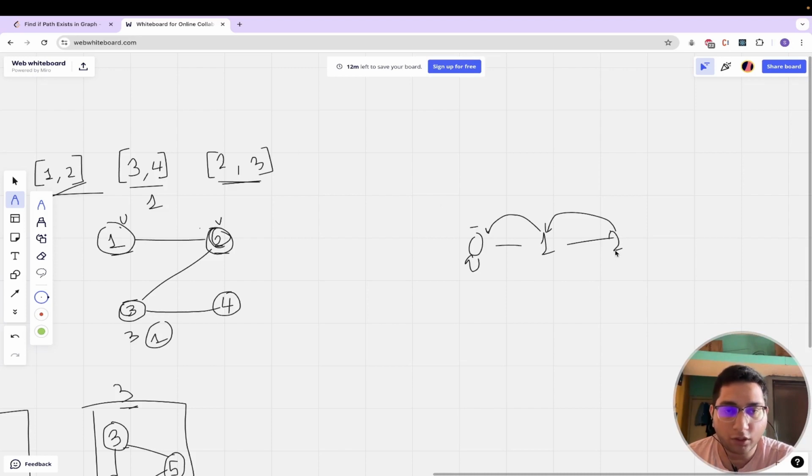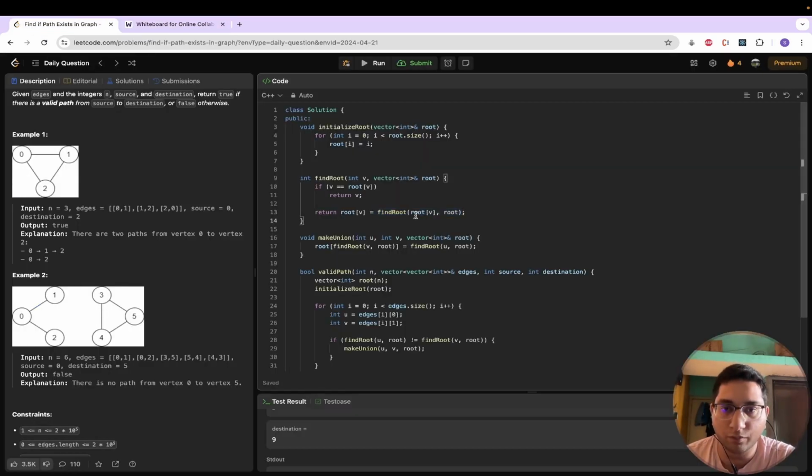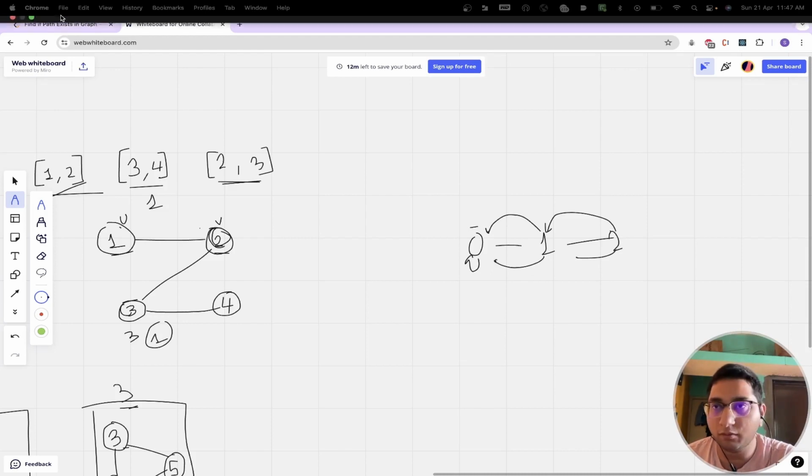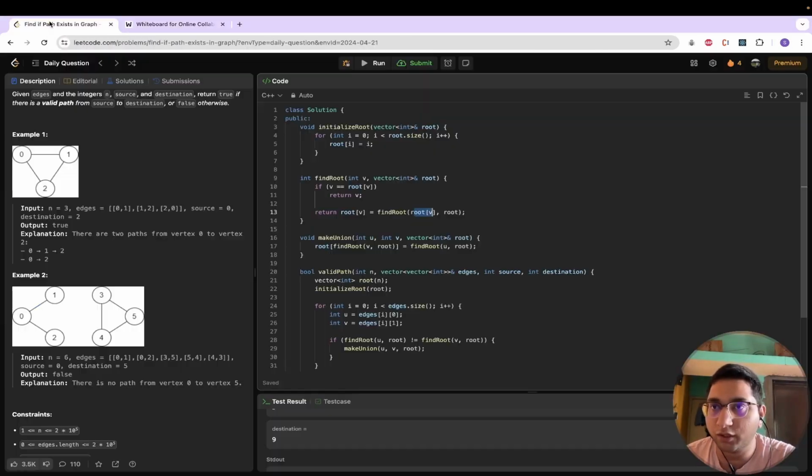So at first 2 will be pointing to 1, so then I am passing 1 in the next function call, the root of that particular element. Then the root of that element will be 0, so next time 0 will be passed in the function call.